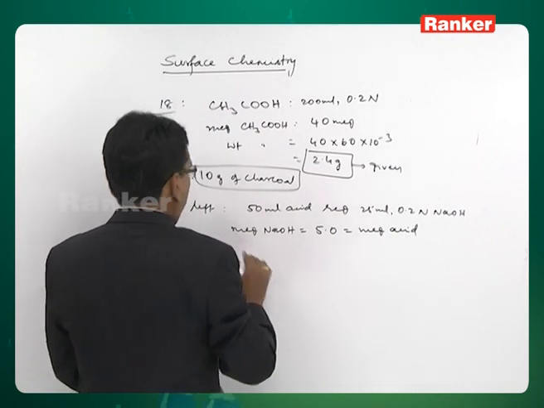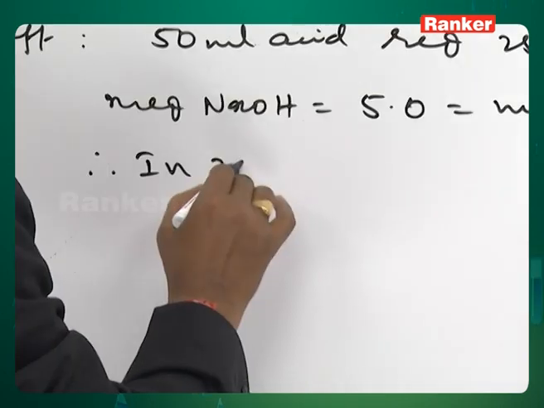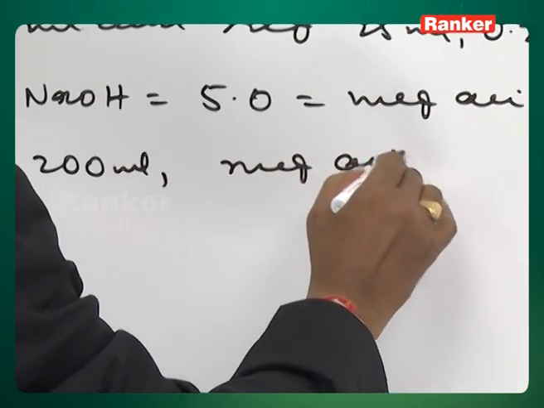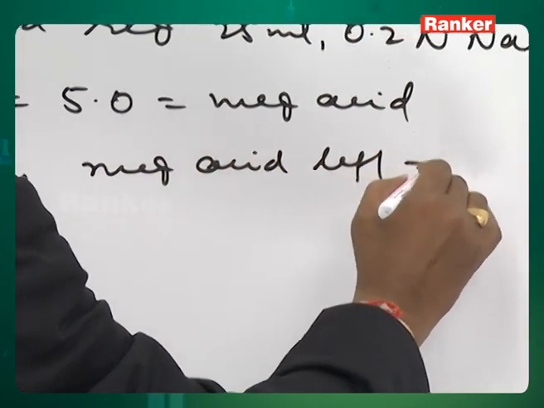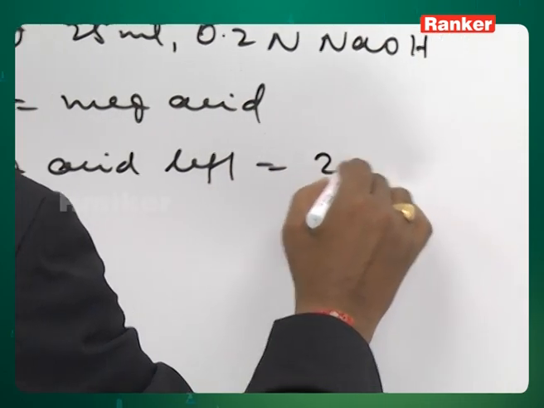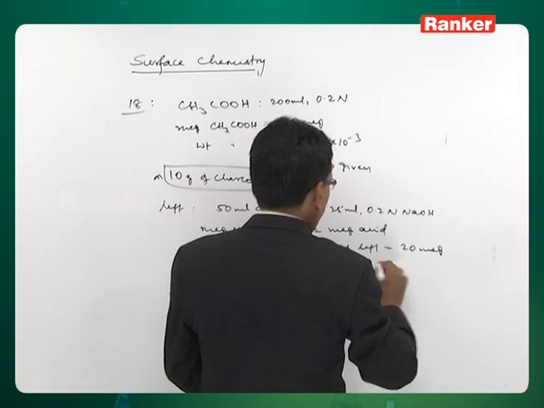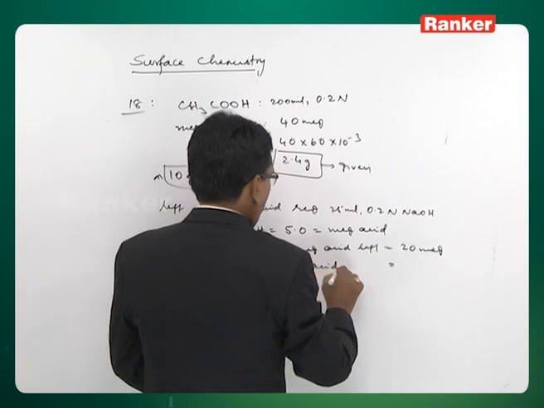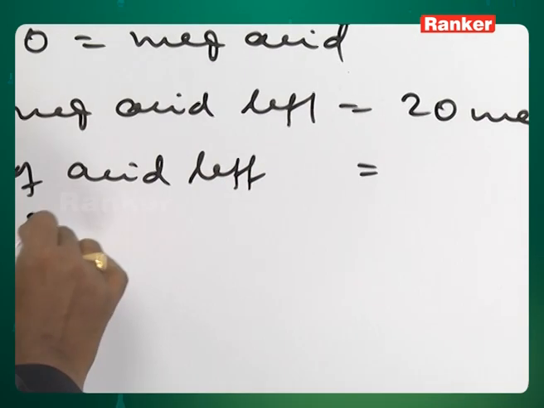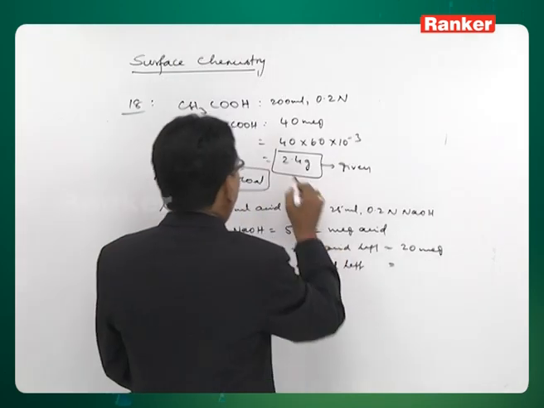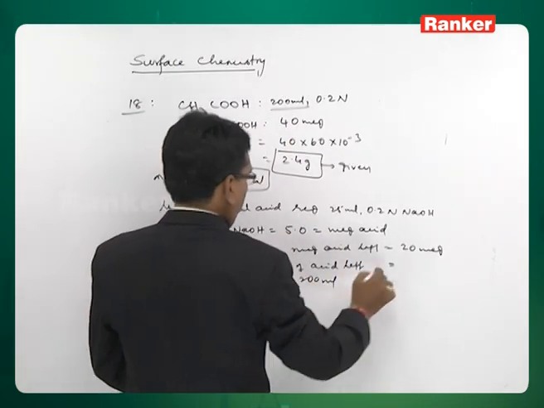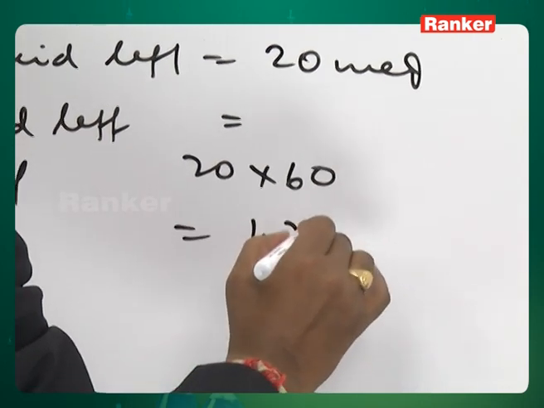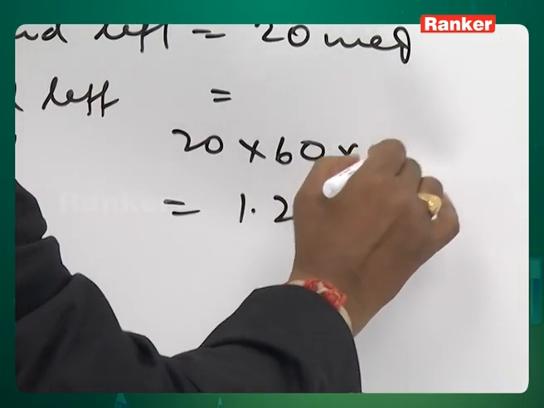Therefore, in 200 ml, the milliequivalents of acid left will be equal to 20 milliequivalents. Therefore, the weight of acid left in the given 200 ml will be 20 into 60, that is 1.2 grams.